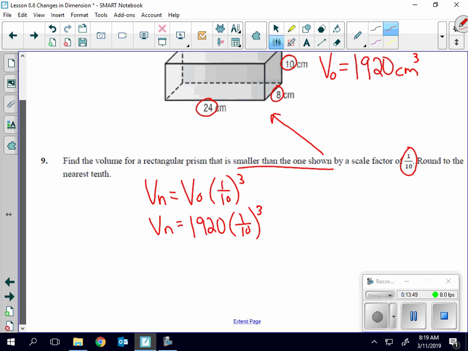On my calculator, 1 divided by 10, raise it to the third power. It's pretty small. It's 0.001. And when I multiply that times 1920, I get 1.92, and we have centimeters cubed.